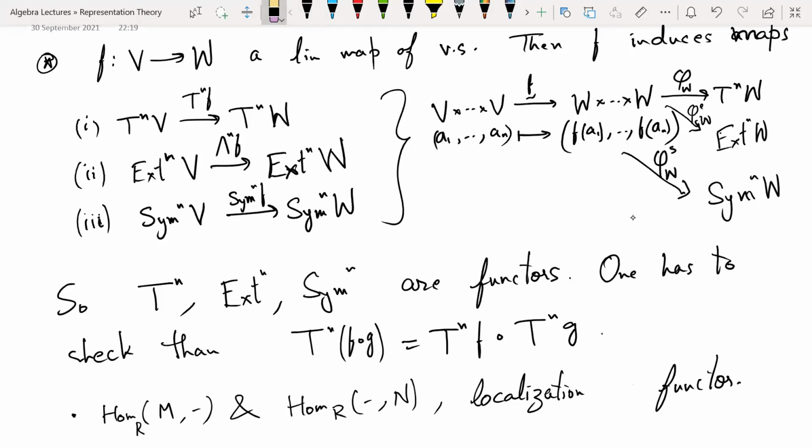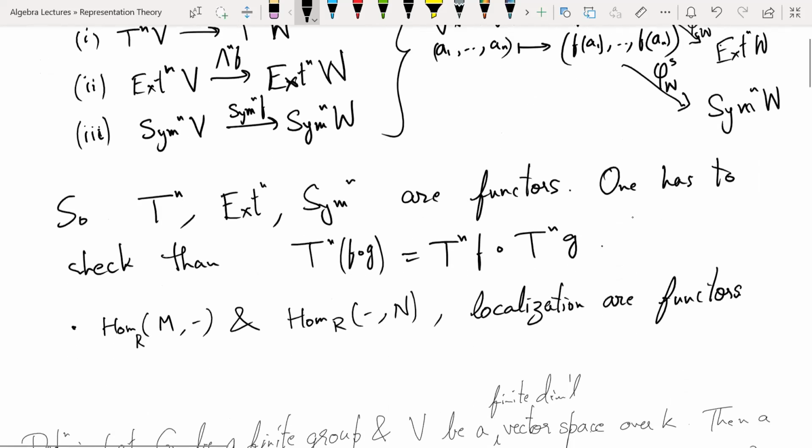How is it a functor? It should be going from one type of structure to another type of structure, right? Yeah, so they are functors from R modules to R modules. Or localization, you can also say so. So these Homs are functors. That's clear.